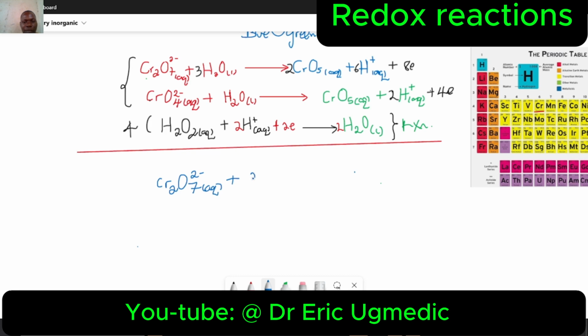And we have 3 water molecules, and we have 2 chromium pentoxide plus 6 hydrogen ions plus 8 electrons.